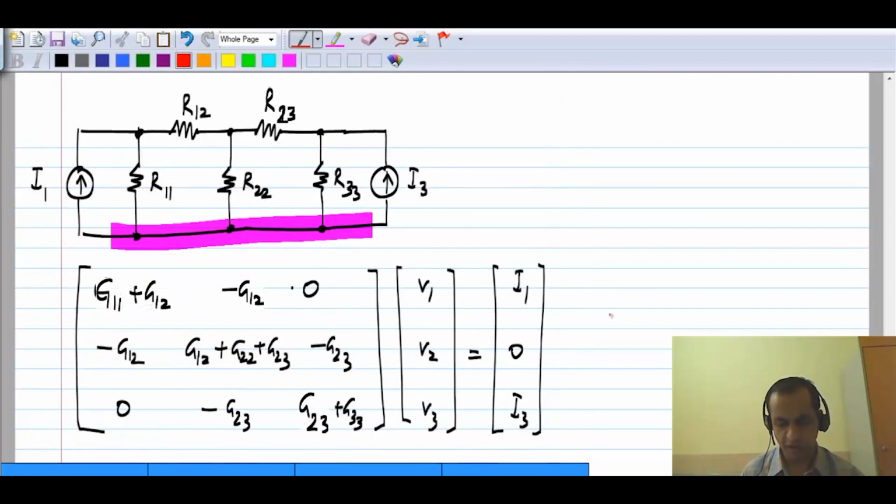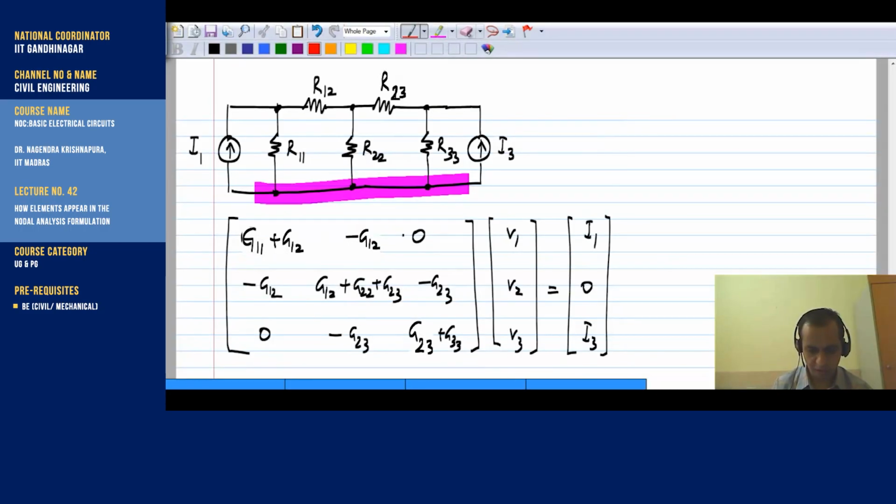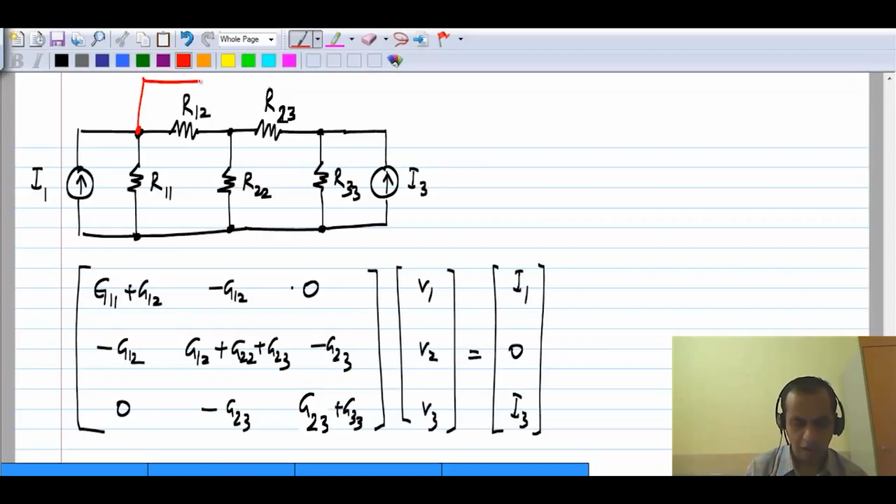Now let's consider another change. Let me add a conductance between nodes 1 and 3. So what does this change?